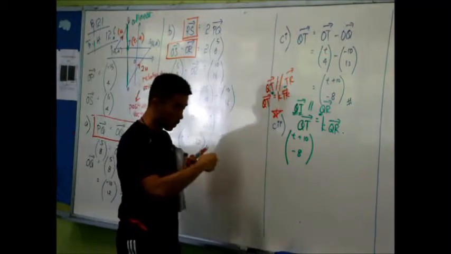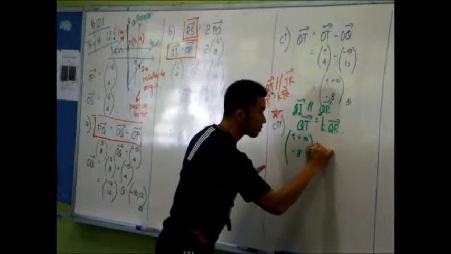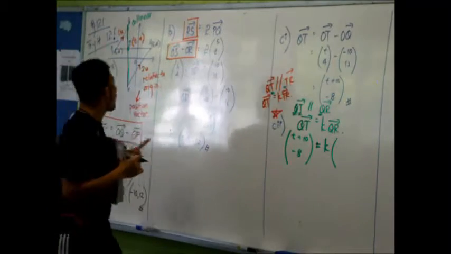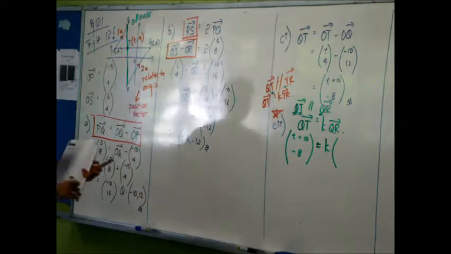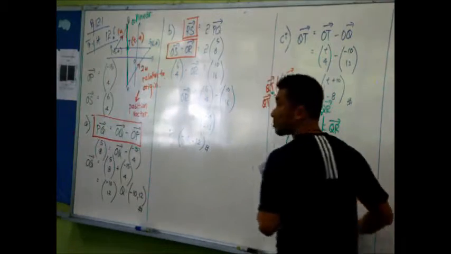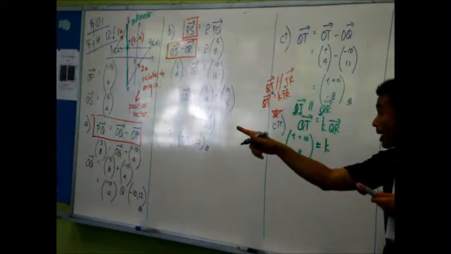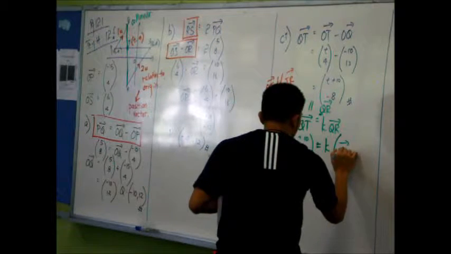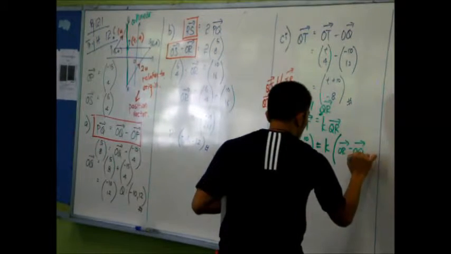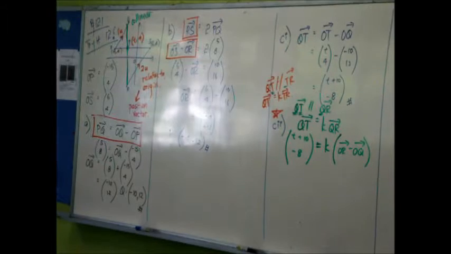Okay, now we go into the solving. Can I find QR? It's given already, right? Can I find QR? How to find QR? OR minus OQ. Please remember to put a bracket. It's very important. If you don't put a bracket, the whole solution will be gone. Then simplify.